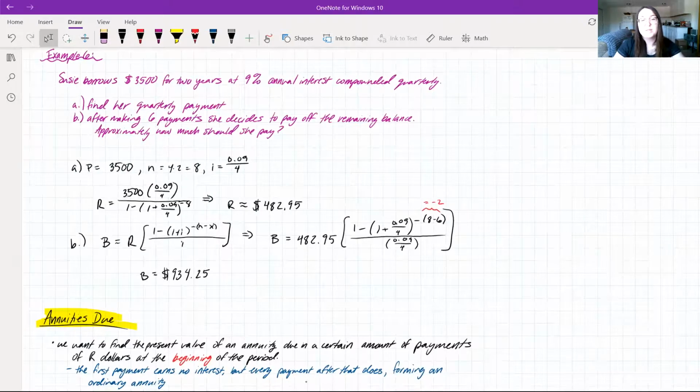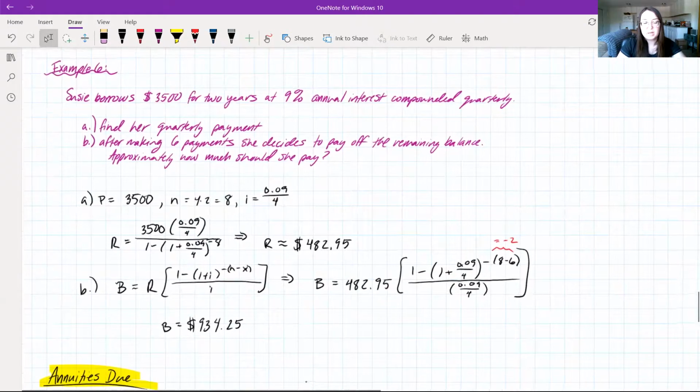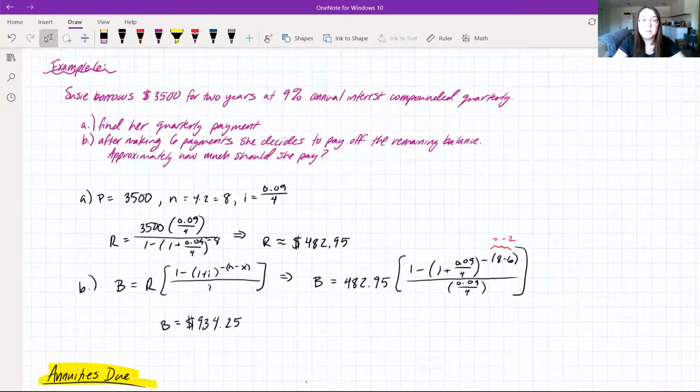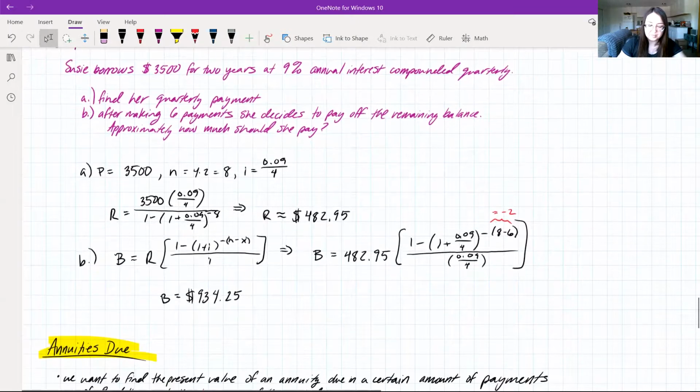So Susie's going to save some of her money by paying off those last 2 payments basically all at once. And $934.25 would be her remaining balance if she had already made 6 payments.